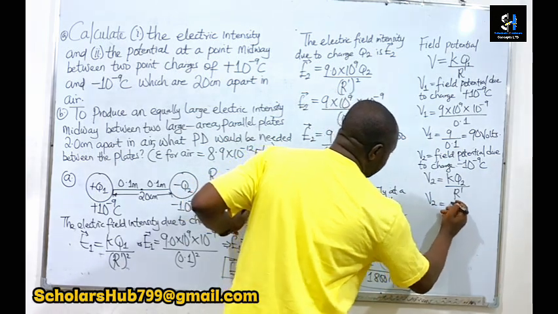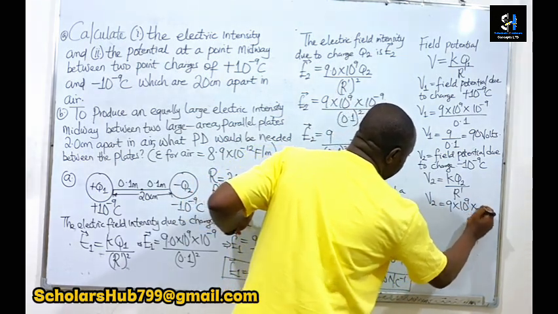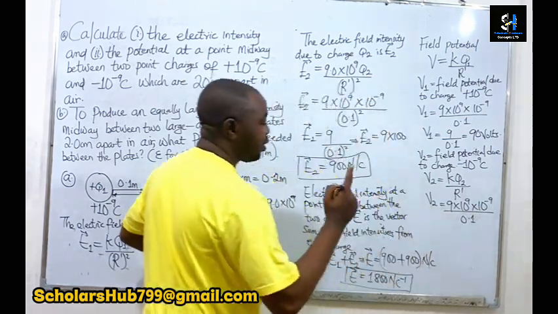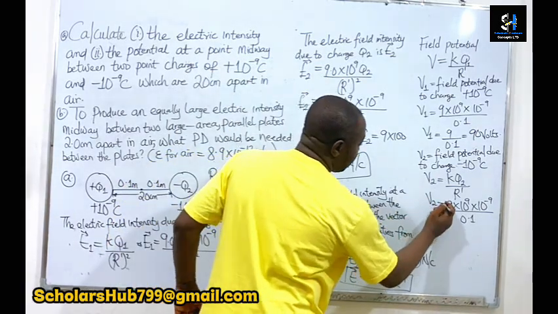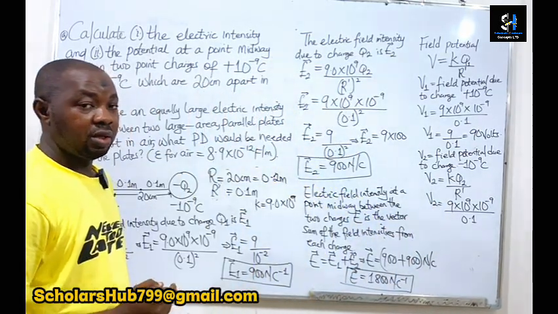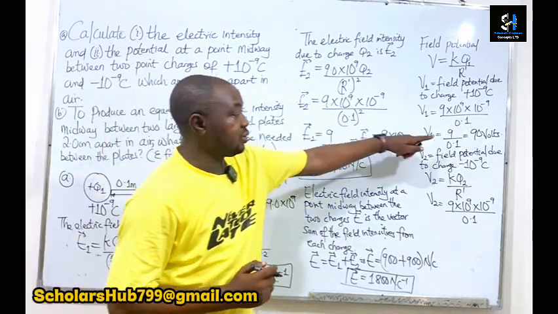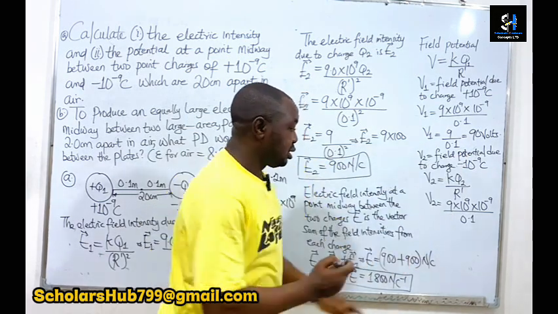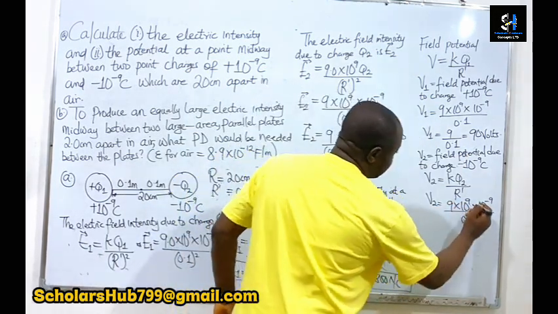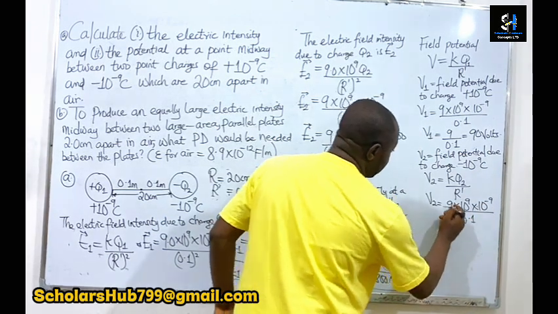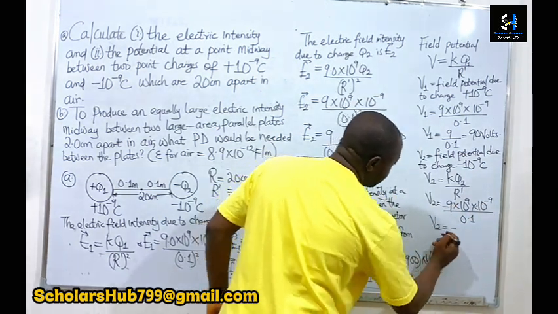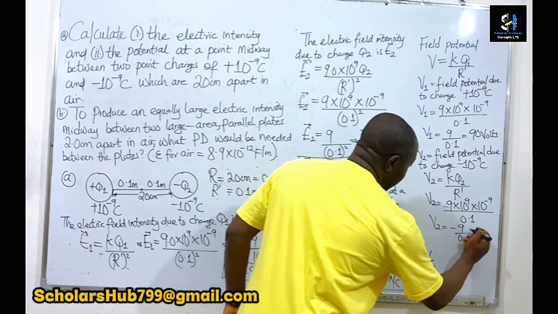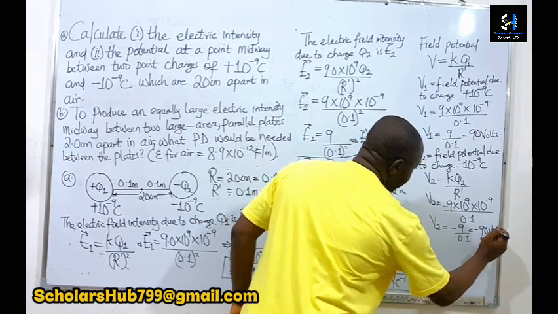So V2 will be equal to 9 times 10 raised to the power of 9 multiplied by 10 raised to the power of minus 9 over 0.1. Now, we have to consider the sign on the two charges. Because the first is positive, the field potential will be positive. But the sign of the charge on the second conductor is minus, so V2 will be minus 9 over 0.1, and this is equal to minus 90 volts.